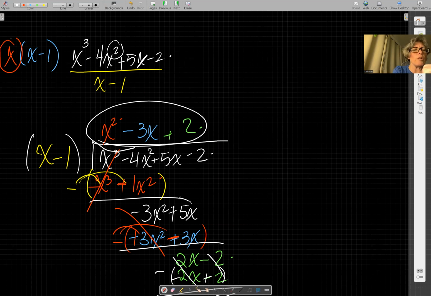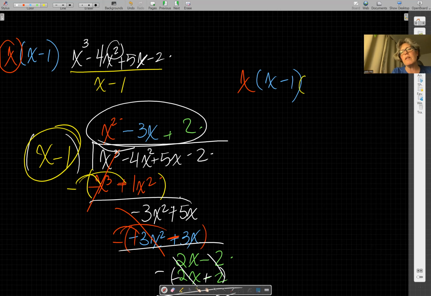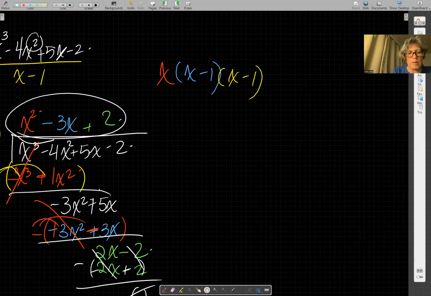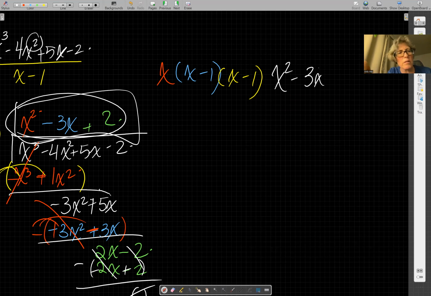So we had our original x, and then we figured out that x minus 1 is a factor, and we have figured out again that x minus 1 is a factor, and we are left with this right here, which is x squared minus 3x plus 2.